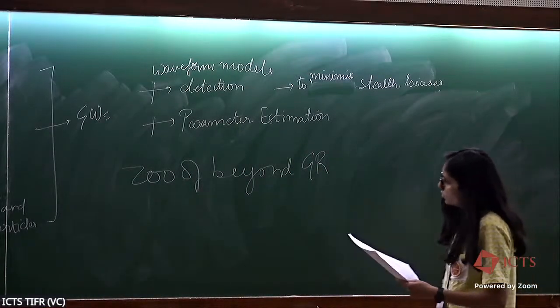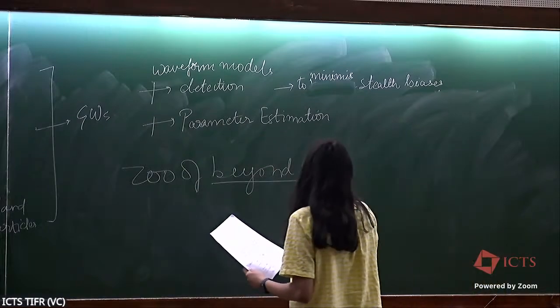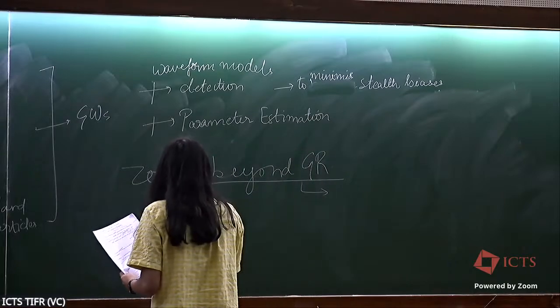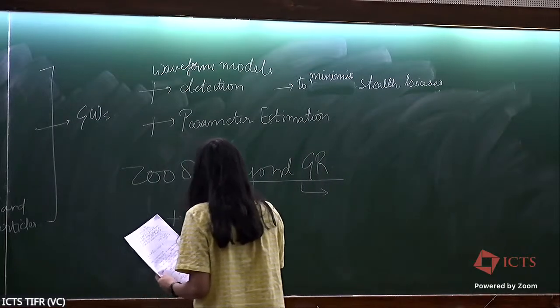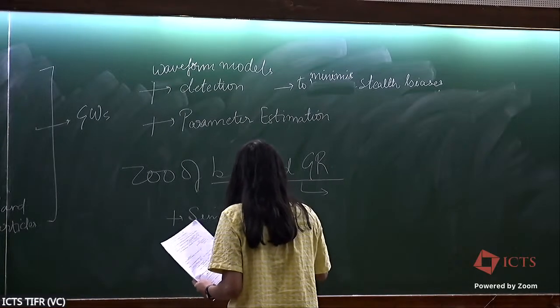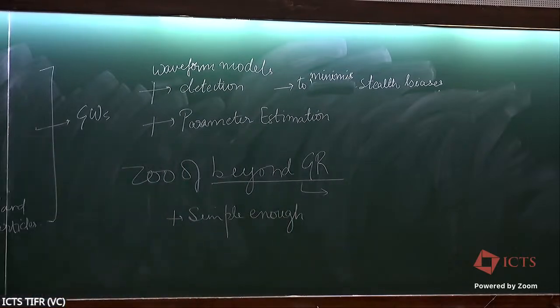So how do we choose which beyond GR theory we should be studying? We want something which is simple enough to do the calculations because we want to do the calculations in PN, PM, self force, black hole perturbation theory or MPM.